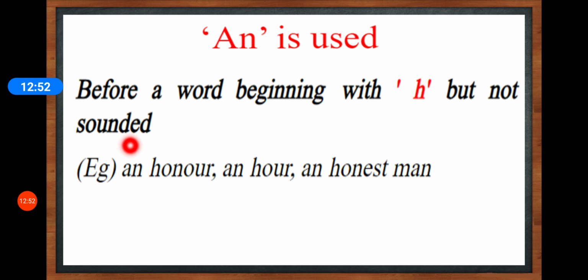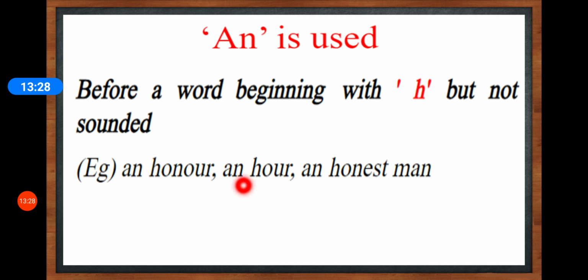For example, an honor. The spellings are H-O-N-O-R. But when we speak, H is silent. It is an honor. We speak it like that. Honor. It is spoken like that, although the spelling starts with H. So, H is silent. Now, O is a vowel sound. So, we'll use the article an.